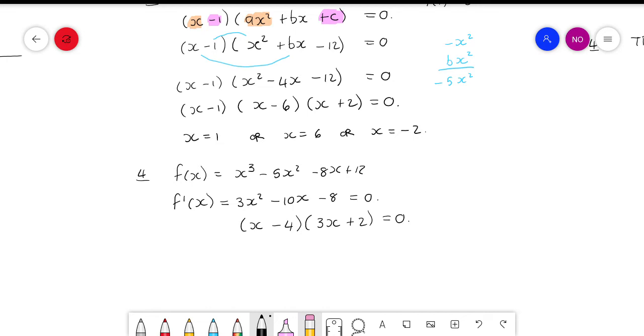Meaning that the turning point is at x equal to 4 or x equal to negative 2 over 3.